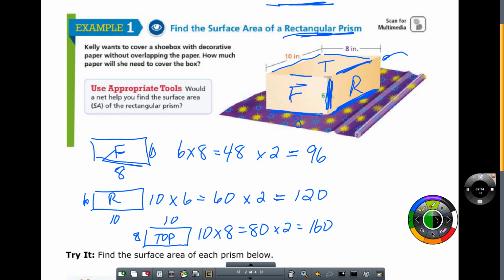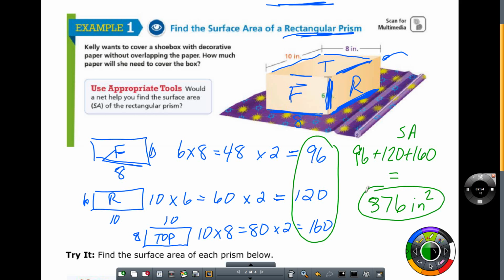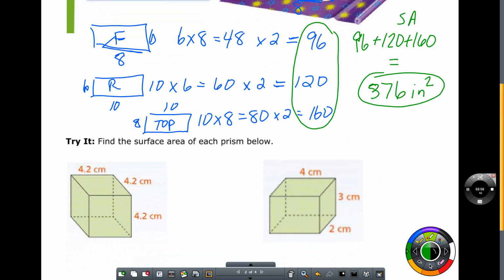Now, finally, to find the surface area, all I have to do is add up these three numbers right here. So 96 plus 120 plus 160. My final answer here is 376 inches squared.